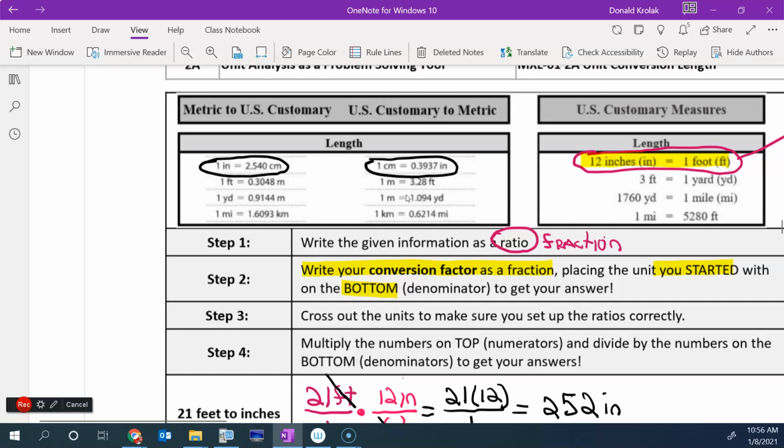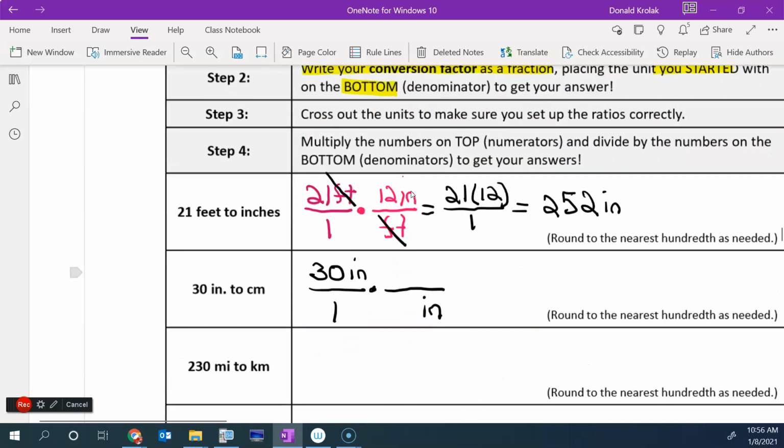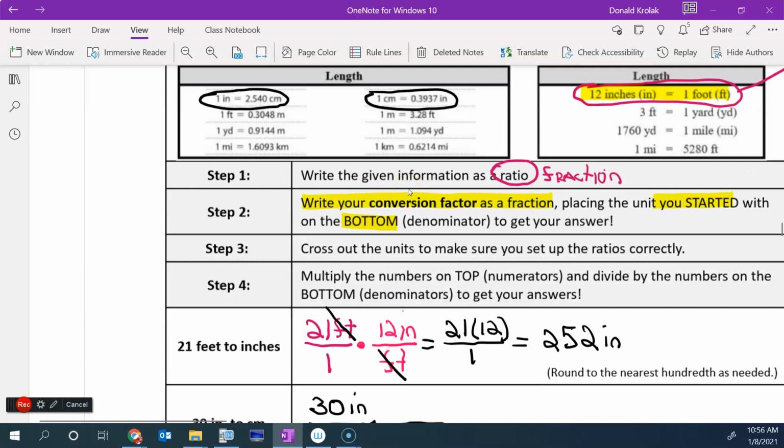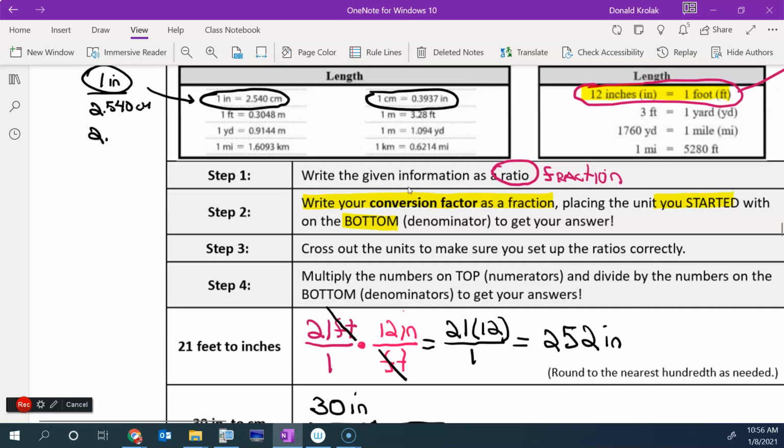Okay, or I could, so for example, I've got inches. If I took this one right here and I wrote it as 1 inch over 2.54 centimeters, the inches is in the wrong space. So I could take this and write it like this instead. I could use this one instead.